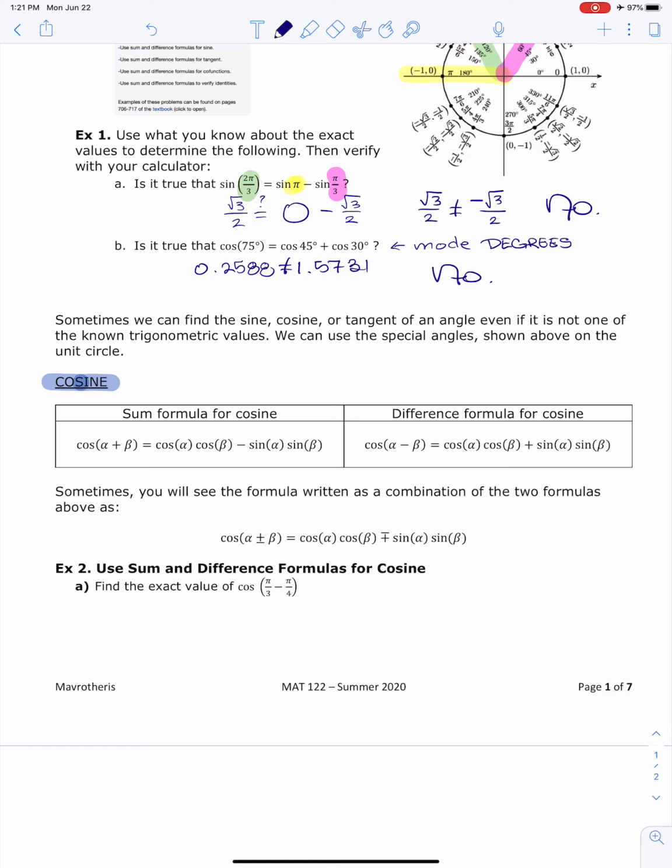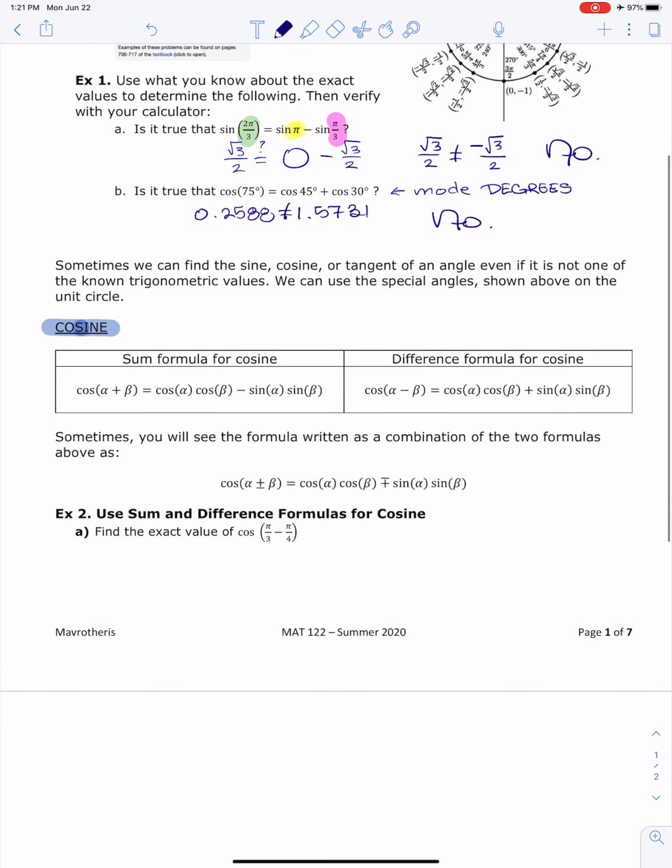So alpha plus beta in the argument means I'm subtracting the parts in terms of the formula. Take a look at the difference formula. When we have cosine alpha minus beta, again, the same first term, cosine alpha cosine beta, the same second term, sine alpha sine beta. This time, though, we are adding those together. Okay, so the signs change.